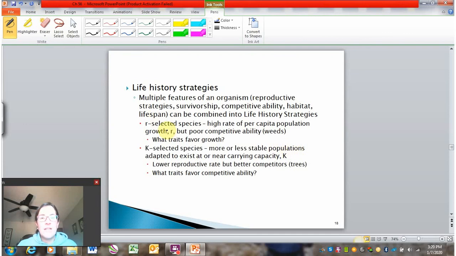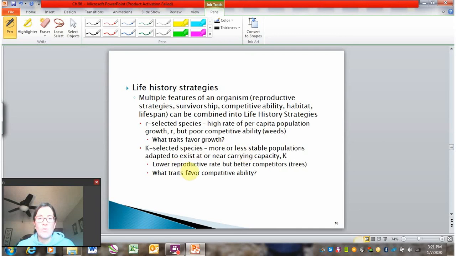And so r-selected species have really high growth, but generally are not good competitors. Whereas K-selected species, again, they tend to exist at carrying capacity. So they're not rapid growers, like they're not going through exponential growth all the time. But they tend to be better competitors. That's what helps them exist at carrying capacity.